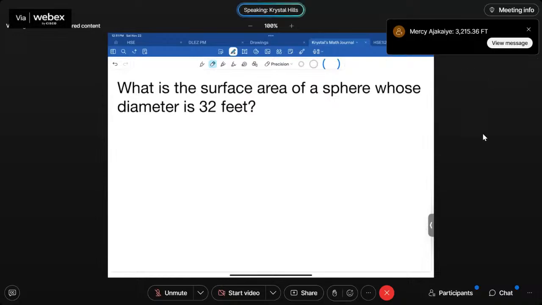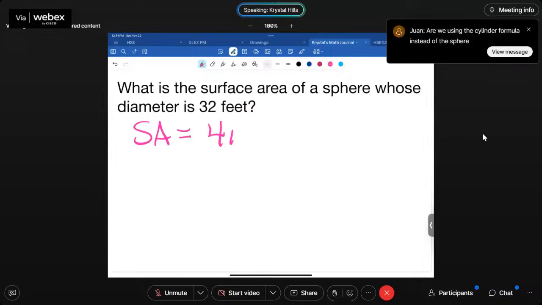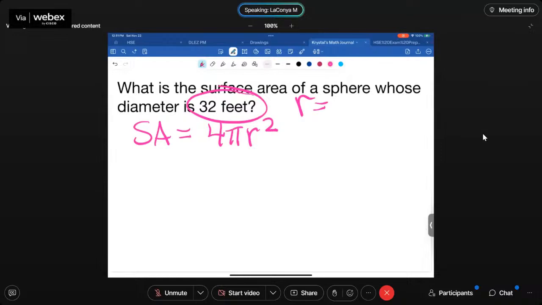Okay, the surface area of the sphere. Melisha, I was looking at the volume. Forgive me, girl. Surface area of a sphere is 4 times pi times radius squared. My diameter is 32 feet. What is my radius? 16. So we have 4 times 3.14 times 16 times 16.